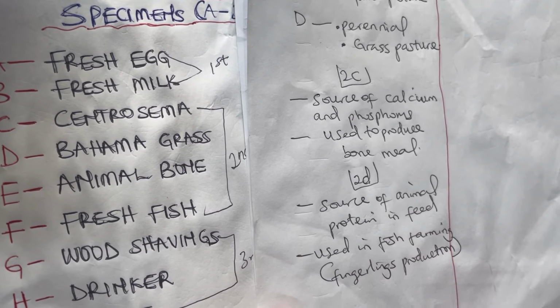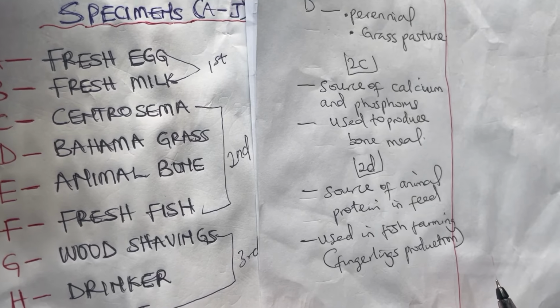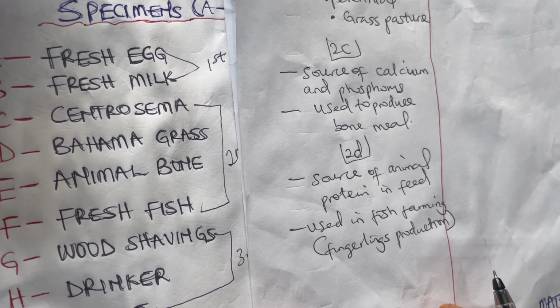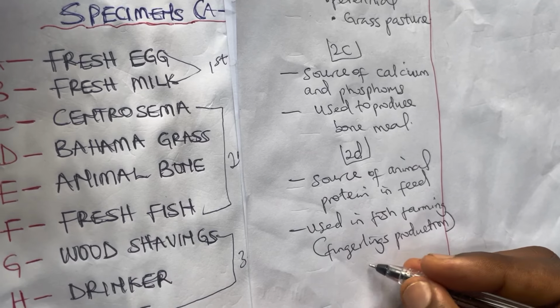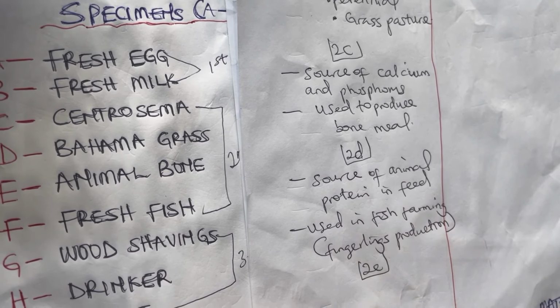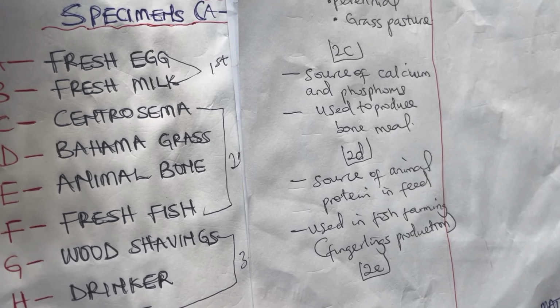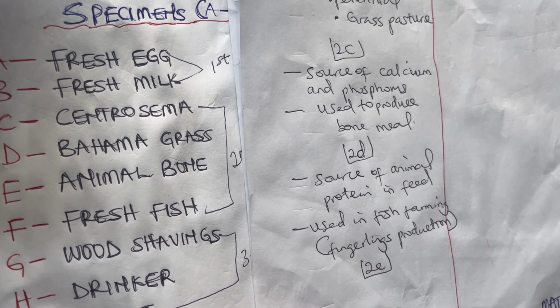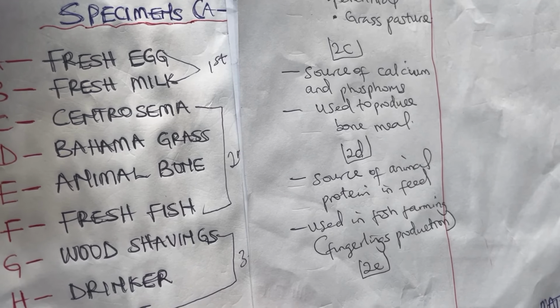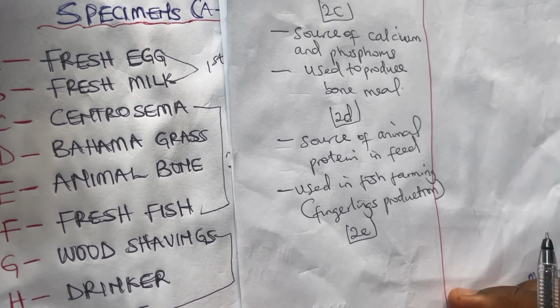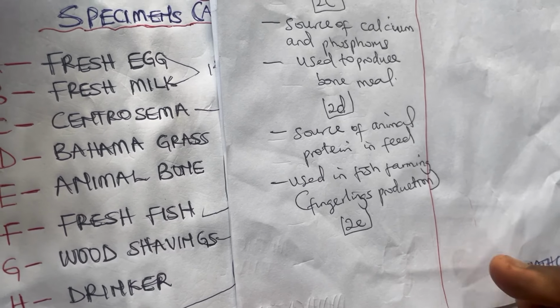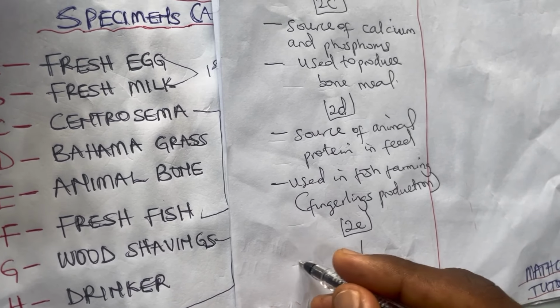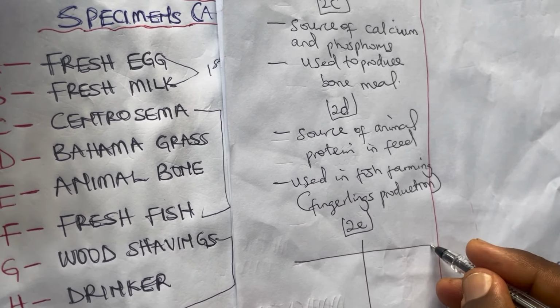Now another question I'll be predicting for you, let me give that to 2E. They can ask you to mention two differences between specimen C and D. Whenever they ask you to give differences between something, please always tabulate. So let me tabulate: specimen C here and D here. C is Centrosema, while D is Bahama.